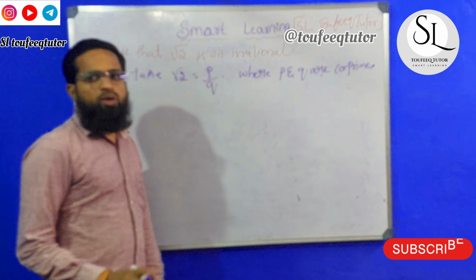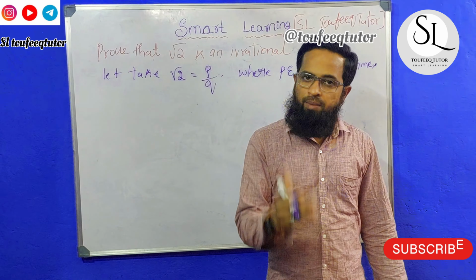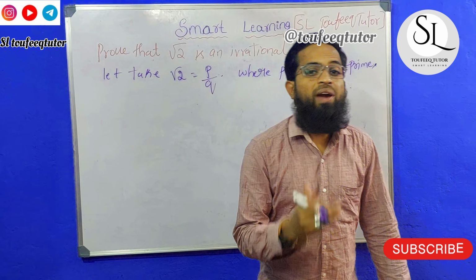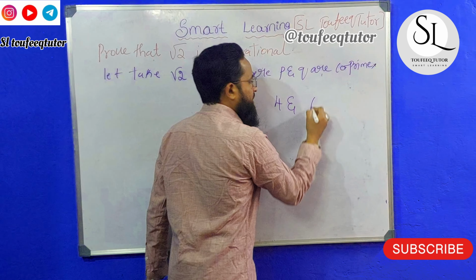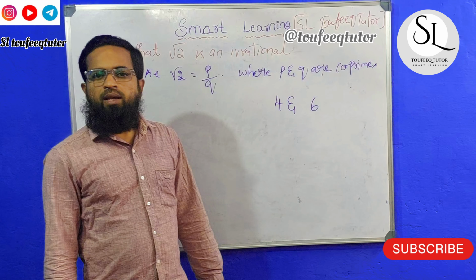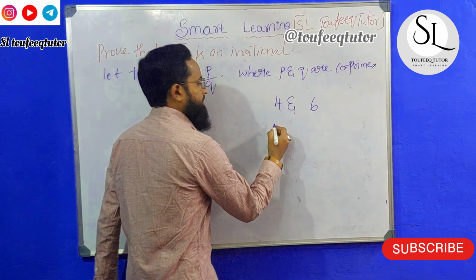Co-prime numbers are numbers which have only one number as a common factor. For example, if I say 4 and 6 are not co-prime, there must be a reason. What is that?